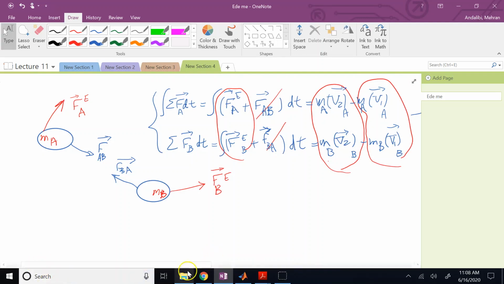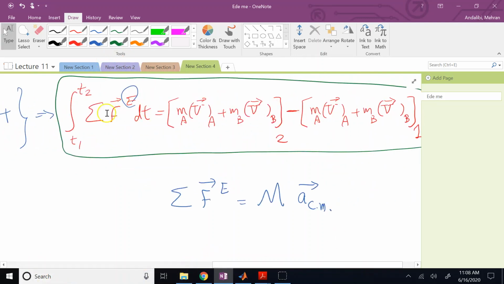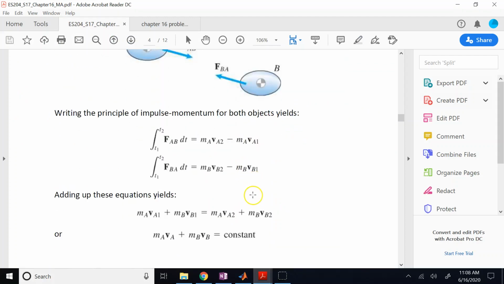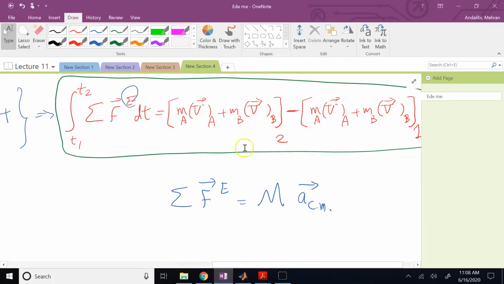Now, if these external forces do not exist or they are negligible, very small or zero, so that only internal forces exist, what happens? You clearly know that the left-hand side is zero, therefore the right-hand side is zero, which means the total linear momentum of the system in position 2 is the same as that in position 1.